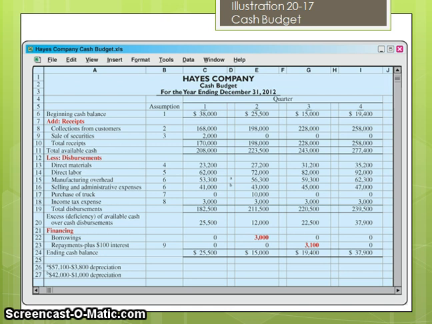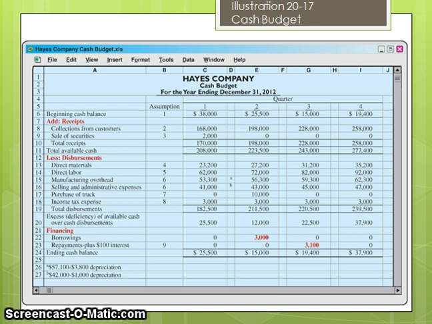It's kind of the other side of all the receiving. Almost all, not all, but cash payments, anything you pay cash for. Now, one exception to that would be your financing section. And this shows any expected borrowings and the repayment of those borrowed funds plus interest. So you could see some payments that would be specifically in the financing section, not your disbursements section.